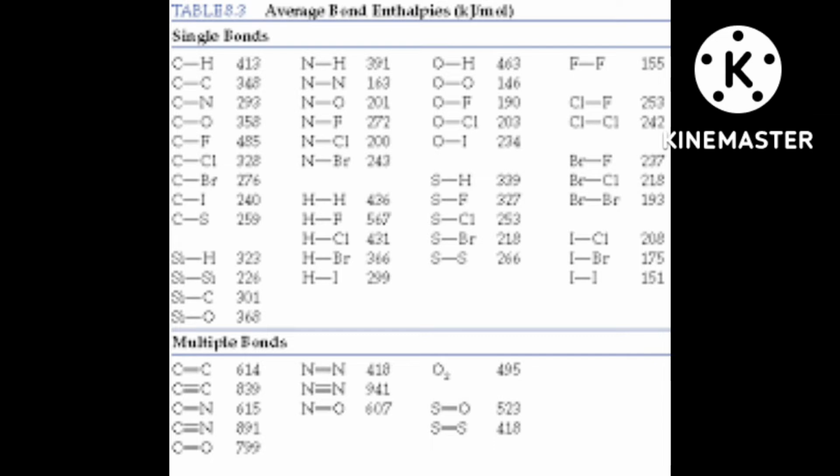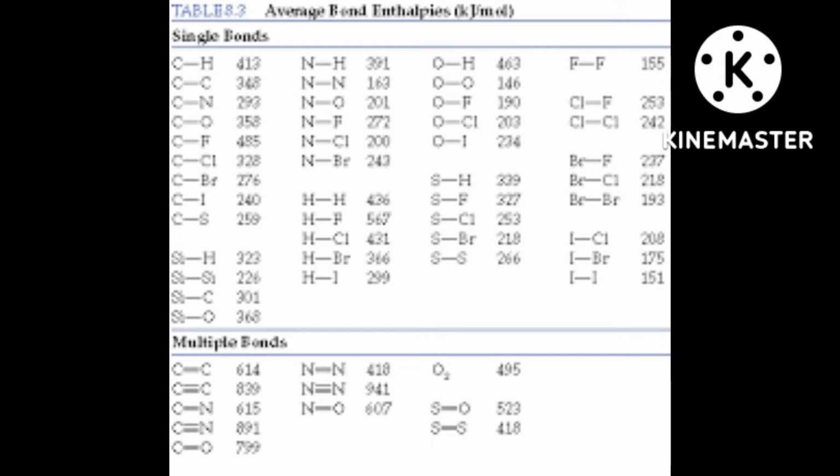First to understand diatomic molecules, consider dihydrogen, H2, which I have discussed. Consider dihydrogen, in which the bonds in 1 mole of dihydrogen gas are broken like that.